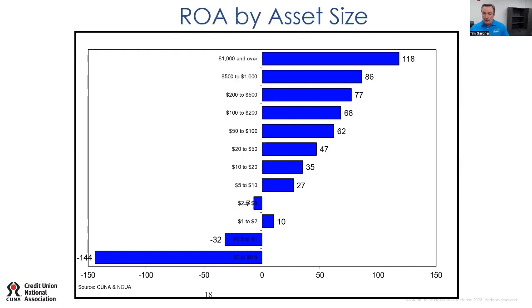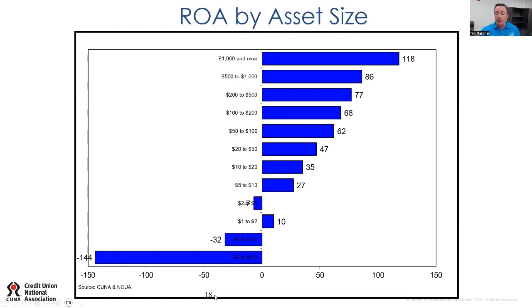And then, you can see that when we come down the asset scale of credit unions, there is a difference in the bottom line that we do make.